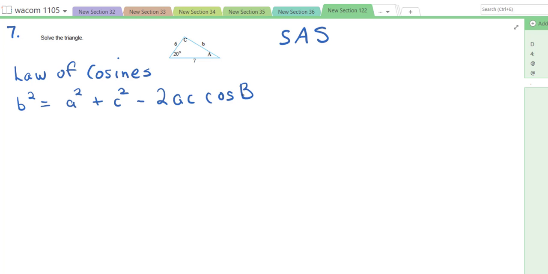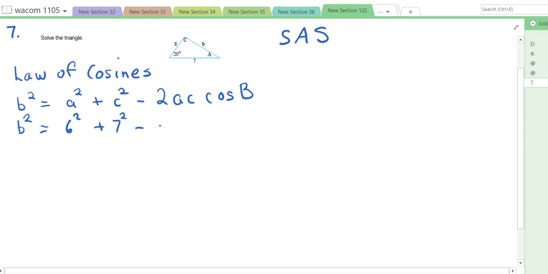I believe we're good here. B we don't know. A we know, so we have 6 squared. C we know, 2 times A. I'm going to label these. That's a 6. This is a 7.